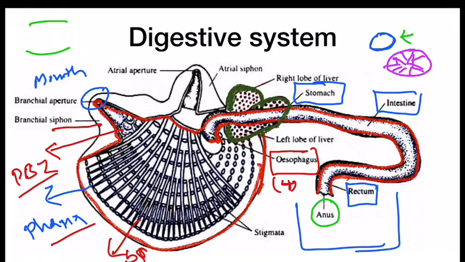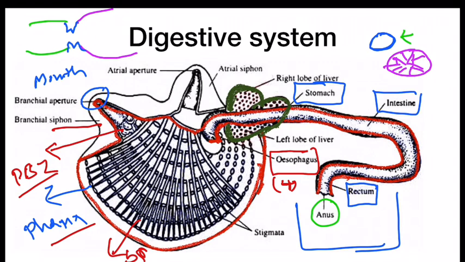This short prebranchial zone is completely separated from the posterior branchial sac. Two ridges are present between these two, and these two ridges separate them from each other.